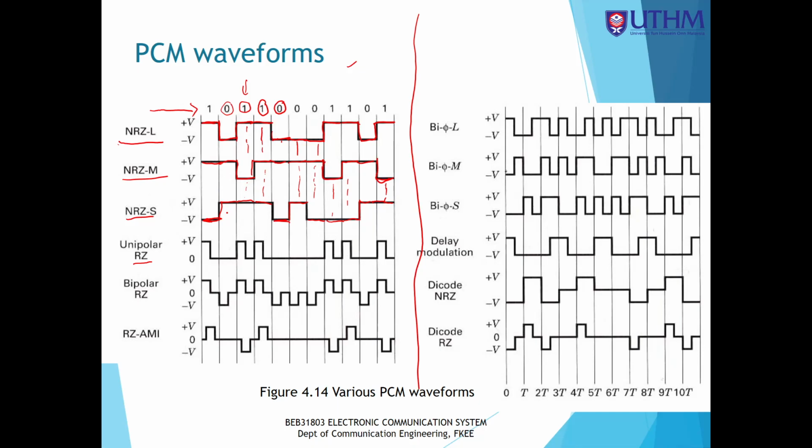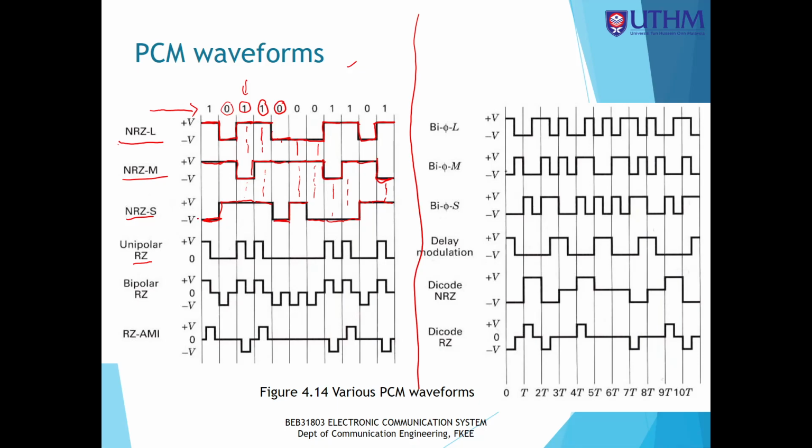For example, for unipolar RZ, input logic 1 will change to positive voltage and then return to 0 again. For input logic 0, no change, it will be at 0 volt.